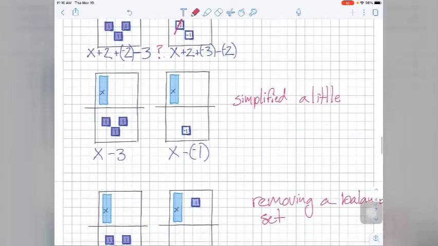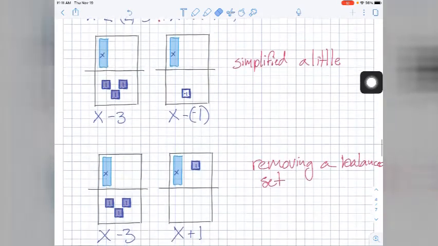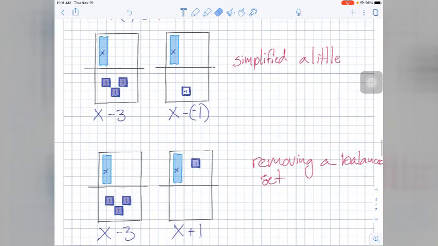So one thing that I can do, and this is what we're supposed to be learning, is something called removing a balanced set. So we've talked about what balanced sets are a little bit. One thing I forgot to say, I'm sorry, before I go to balanced sets: when I go from these expressions, one last thing I can do is keep, change, change.